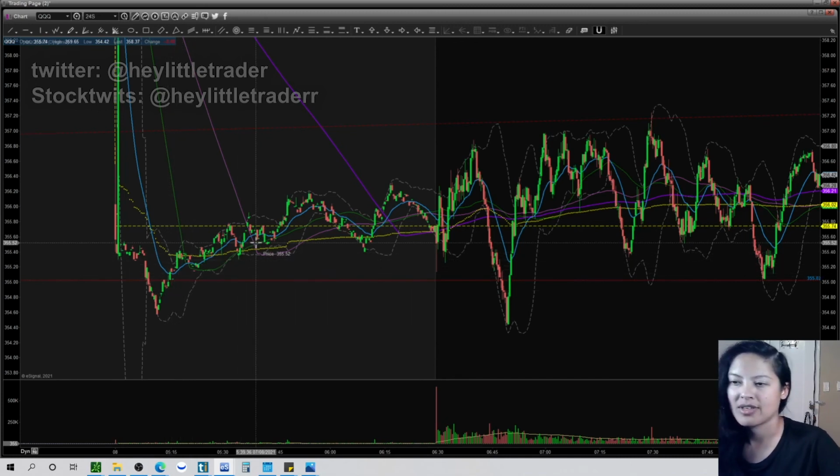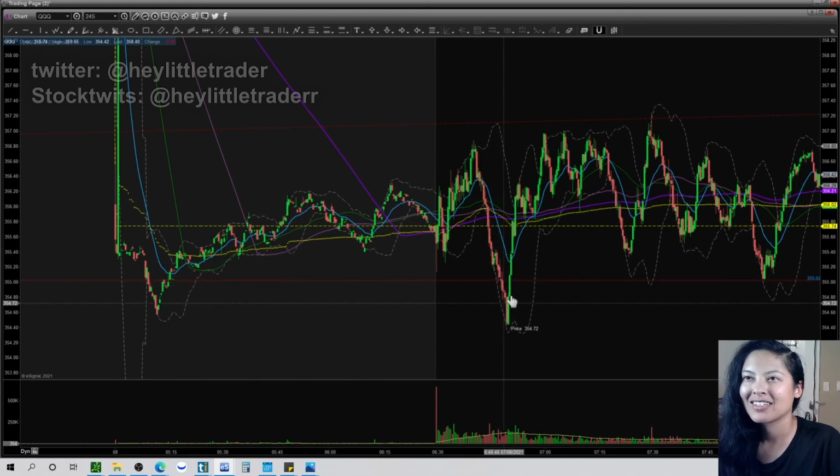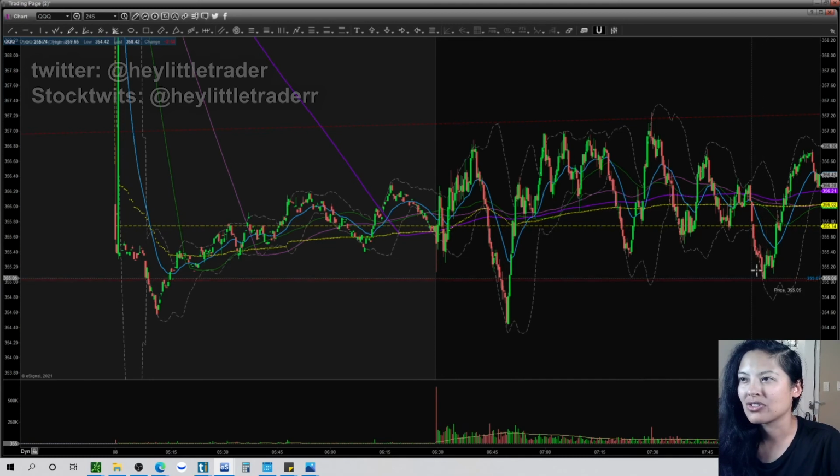So it looks like we wait all the way till after the market opens to come back and back test this line. We break above, back test again over here. And you can see where it's testing is almost to the penny, right here.